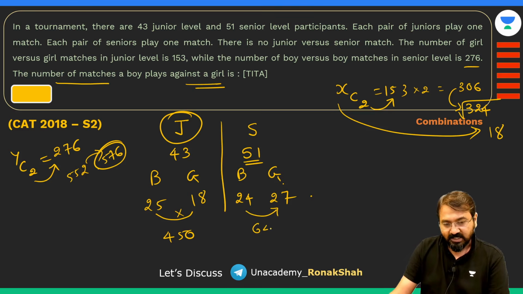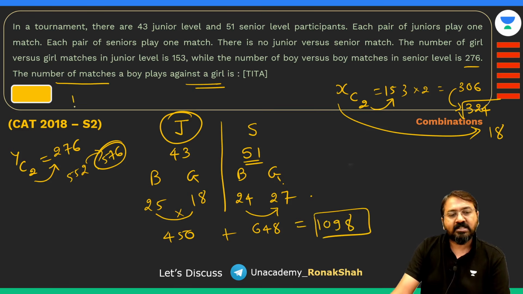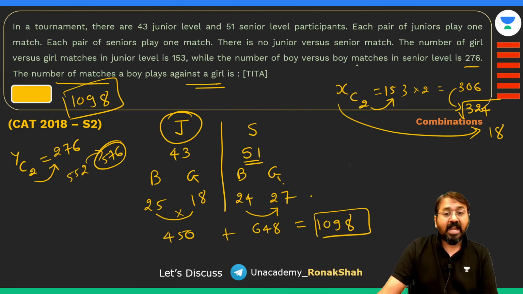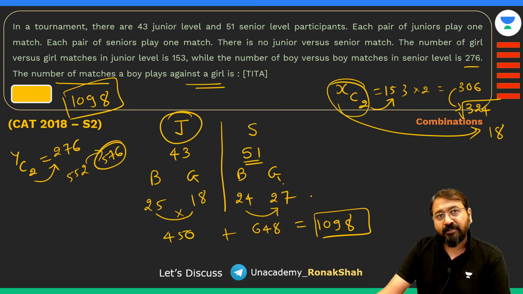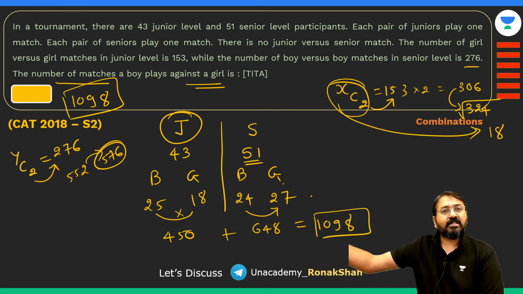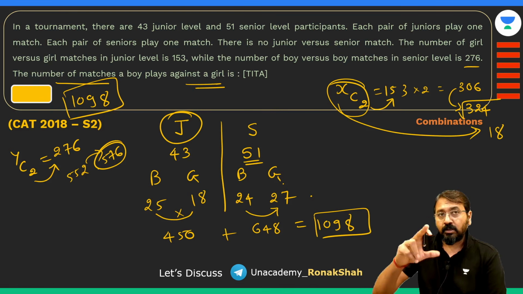So this will come out to be 648. So the total will come out to be what? 1098. So that will be a total of 1098 matches. That is our answer. I really hope you have understood this, and don't forget this particular shortcut, how to quickly find the value of x if you know xC2 is something. Use this approach, you'll require it.